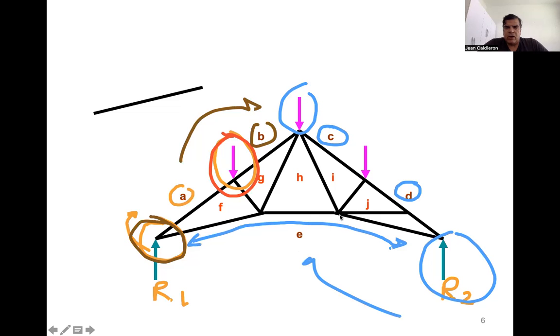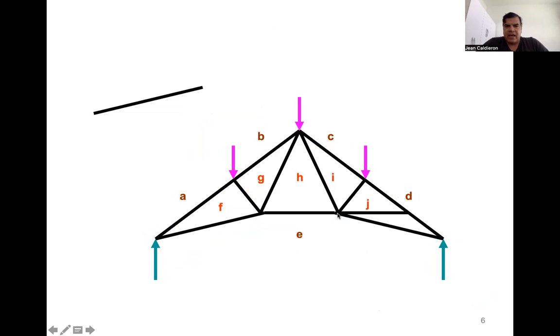Why? Because we don't have any force at this point, so we don't need to put two names. I mean, if I had, for example, three reactions, then this area would be D, this would be E, this would be F. But that is not the case. I don't have anything in this area, so all this area will be called E.